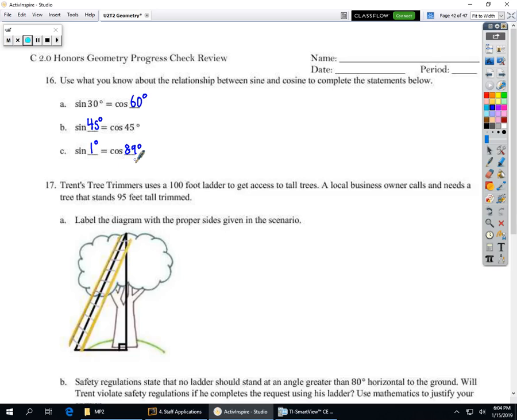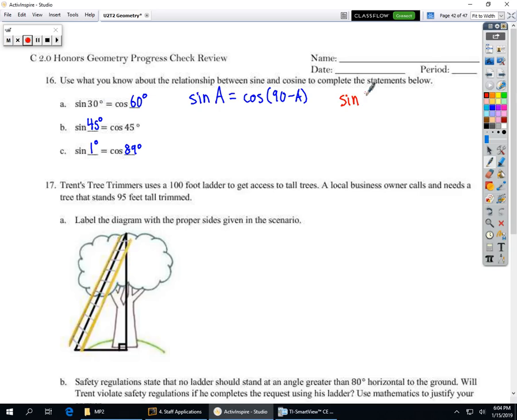So the notation to actually represent this is this. This is saying sine of A equals cosine of 90 minus A. Now, what exactly does this mean? Let's use the first one to represent it. What is A in the first example? A was 30. So what happens if I plug 30 into this formula?